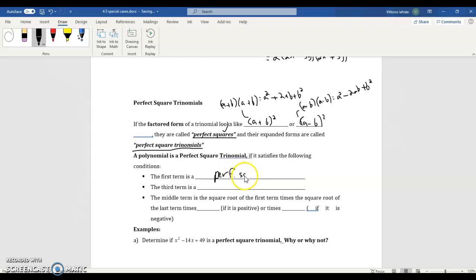If the third term is also a perfect square. And the middle term, there's two possibilities, okay? The middle term will be the square root of the first term times the square root of the last term times 2 if it's positive, or times negative 2 if it's negative, as you can see here and here.